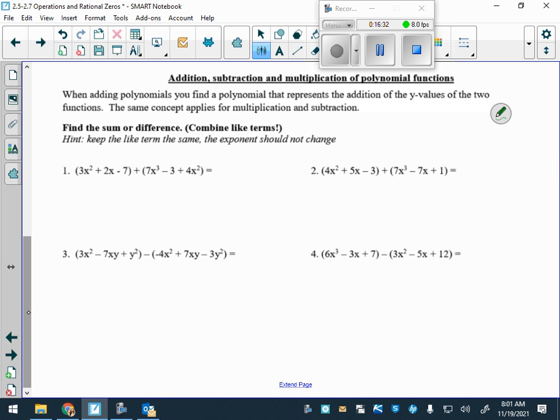So if I had 3x squared plus 2x minus 7 plus 7x cubed minus 3 plus 4x squared. All I'm doing is combining like terms and then writing it in standard form with adding. All we're doing is combining.